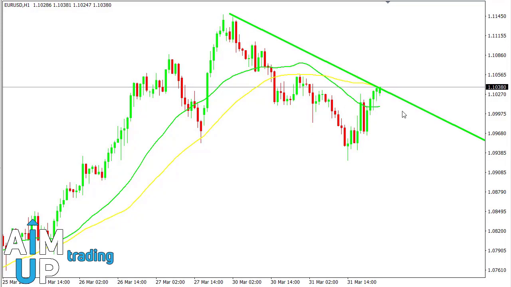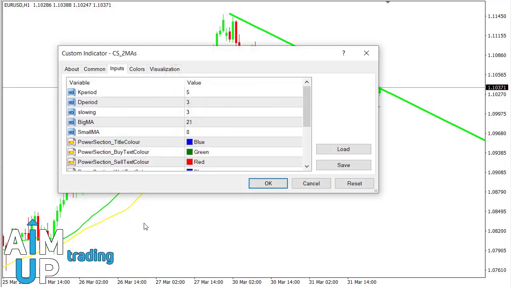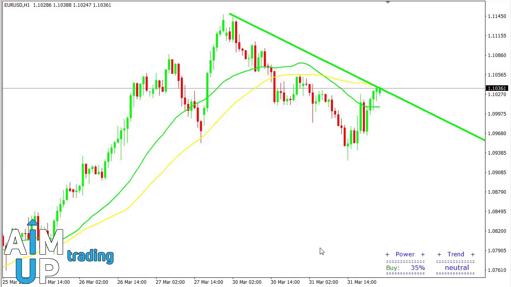And as you can see, the price right now is going up, but we are expecting it to go down. If it breaks through this trend line, we're gonna be looking to buy, but we're gonna be waiting and see for a confirmation of where the price might go.